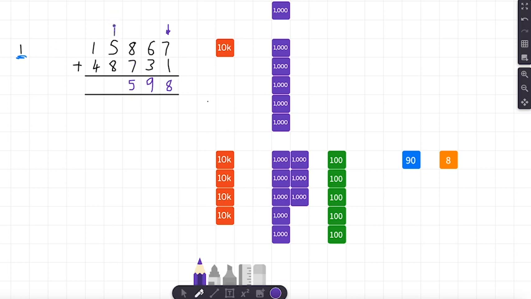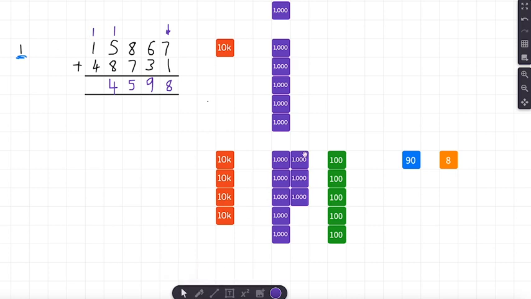Now in the thousands column, we have 1 plus 5, which is 6, plus 8, which is 14. So we're going to be carrying another 1. And this time it's 10 1,000s, which make a 10,000. So 1 plus 5 is 6, 6 and 8 is 14, and then we're carrying that 1 10,000.